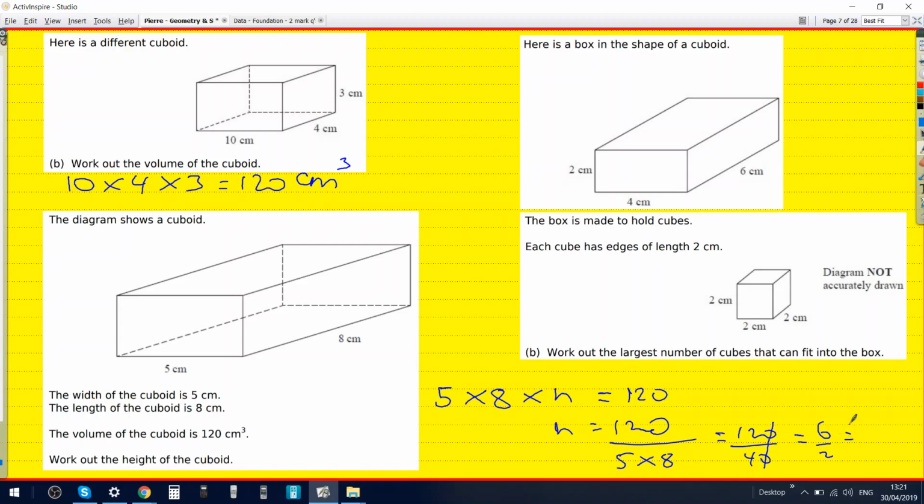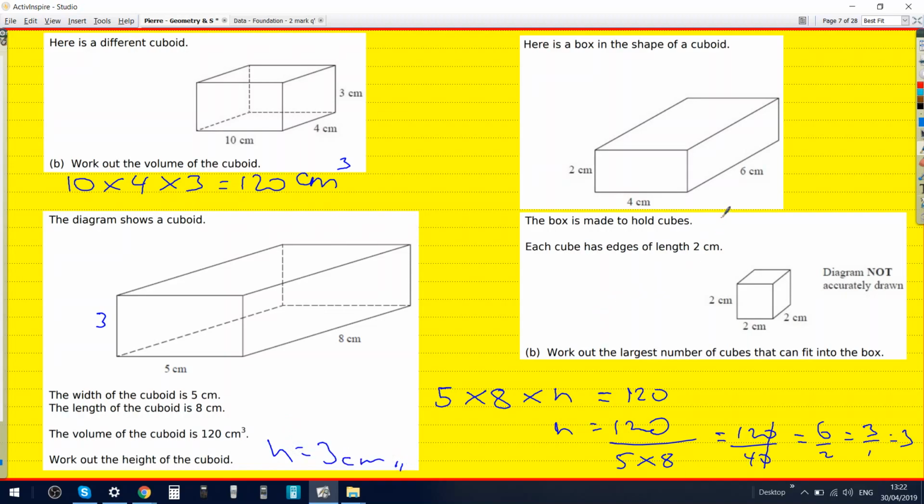So 3 over 1. Yep. And what is 3 divided by 1? 3 divided by 1 is... is it 3? Just 3. Yep. And so the height must be 3. And if you do 5 times 8, you get 40. Times 3, you get 120. Right. Okay.